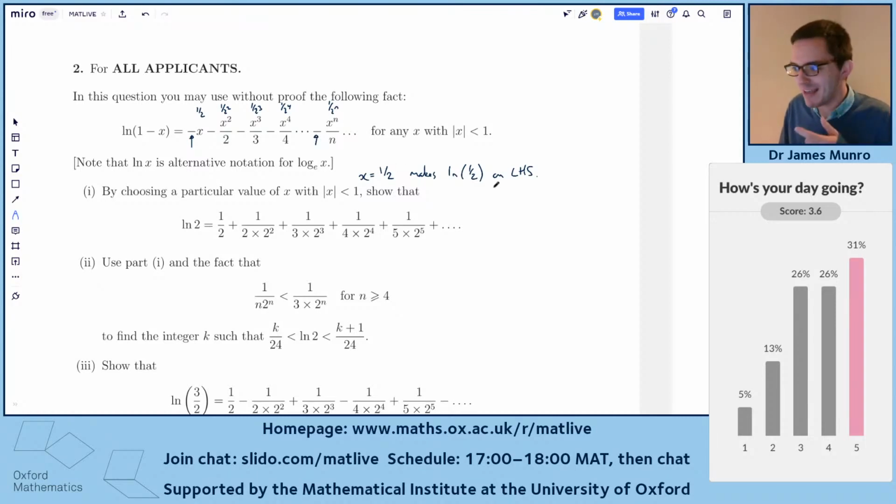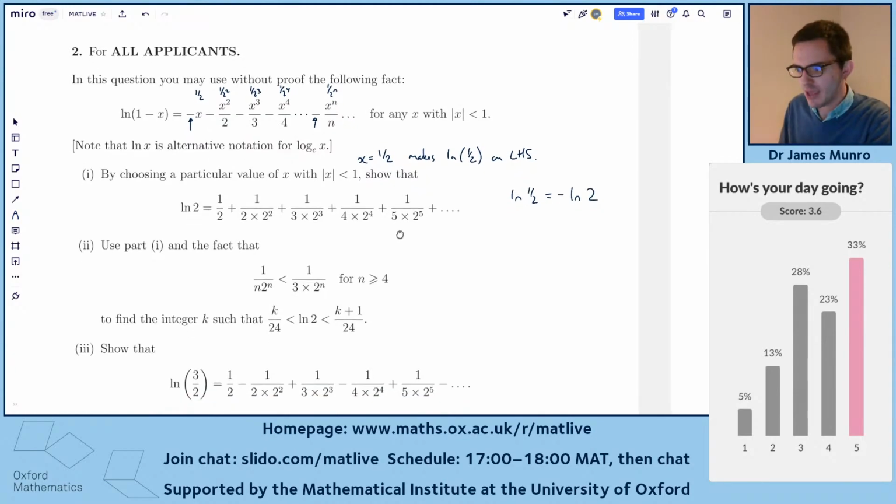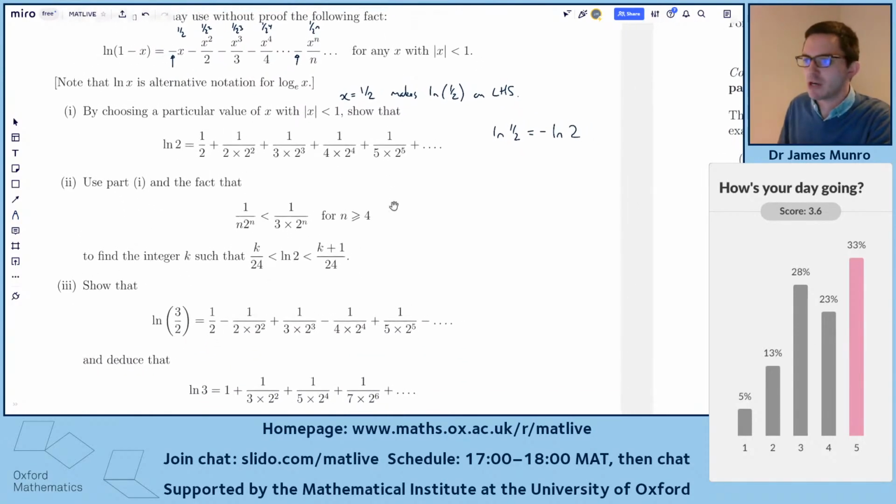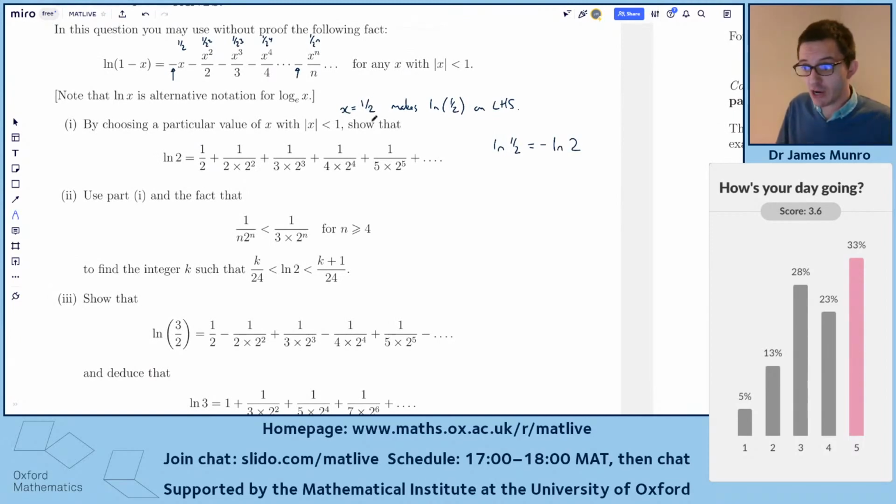And also, on the left, I've made log of 1/2 instead of the thing I want, which is log 2. Wait a minute, I know that log of 1/2 is minus log 2. Okay, so I can use that to get rid of all the minus signs, and this works out. This is true. Okay, so I think marks probably for plugging in x equals 1/2. We gave you some choices there so you could show off that you chose x equals 1/2 and got it done. And then marks for using a logarithm fact.